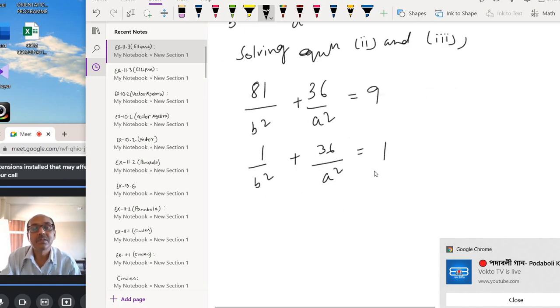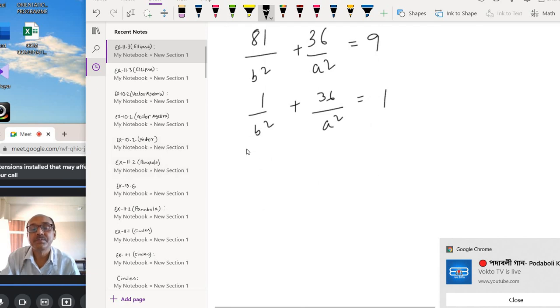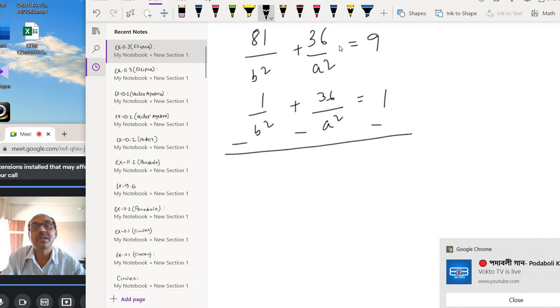Okay. Now subtract these two equations. The 36 by a square terms will be cancelled.